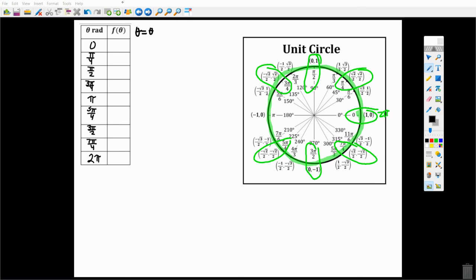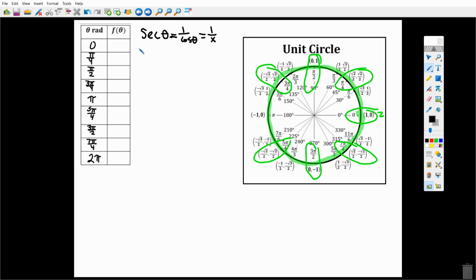Actually, hold on. Let me erase this for 1 second and let me write down what we're graphing. So we are graphing a secant, which is 1 over cosine, which is 1 over x.